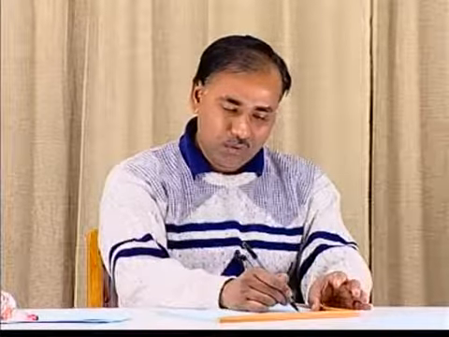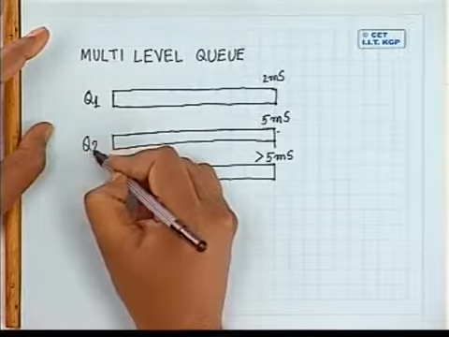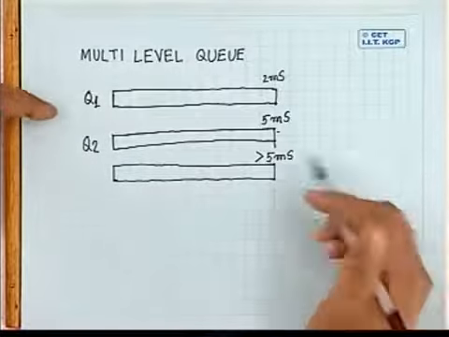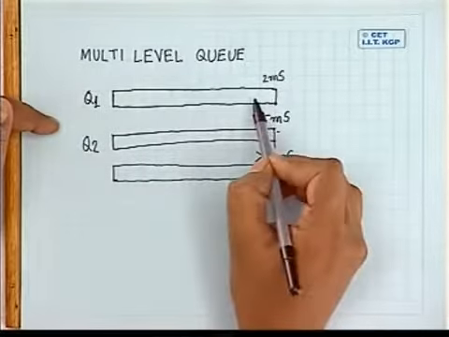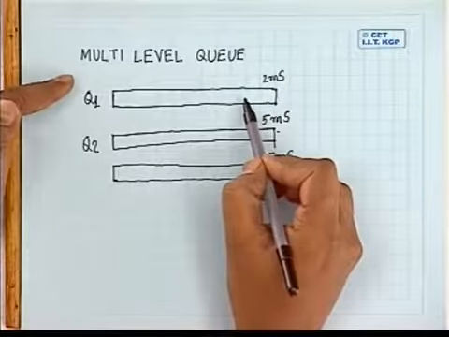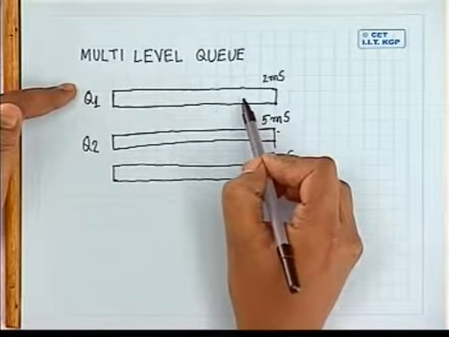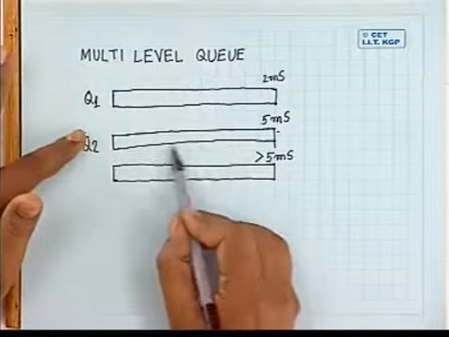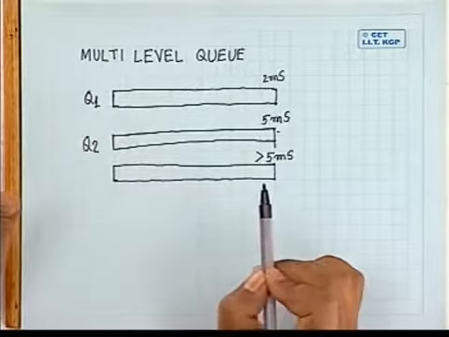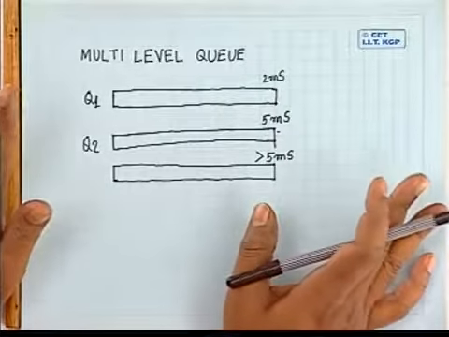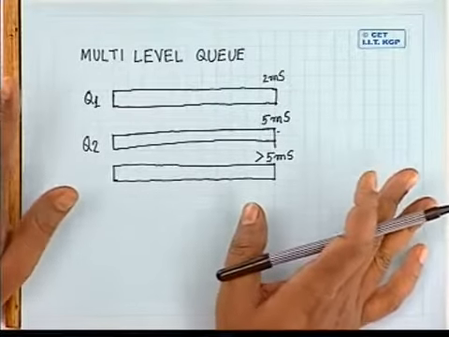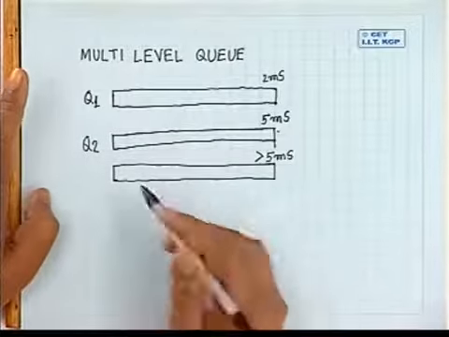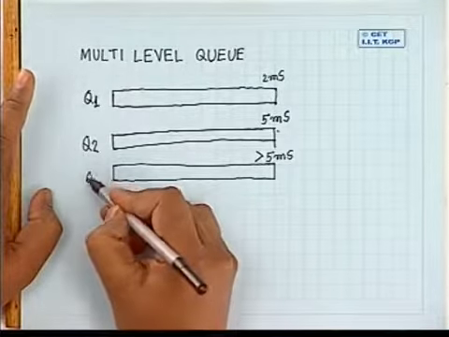In Q2, the CPU bursts are moderately short. It is not as short as Q1's jobs, but the CPU time requirement is greater than theirs. So I put those jobs in Q2. And all the jobs which are strictly CPU bound, that means every CPU burst is greater than 5 milliseconds, I put them in queue number 3.